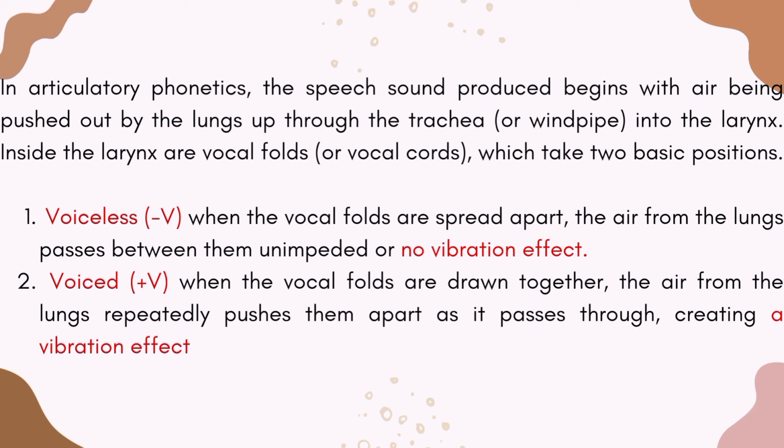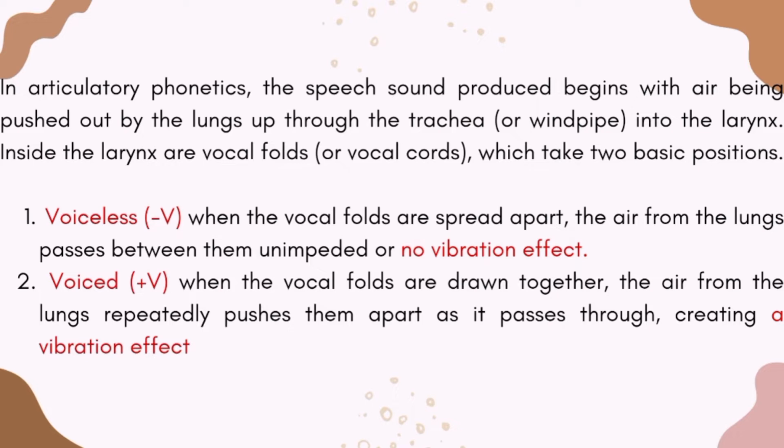In articulatory phonetics, the speech sound produced begins with air being pushed out of the lungs up through the trachea or windpipe into the larynx. Inside the larynx are vocal folds or vocal cords which take two basic positions. Number one, voiceless.